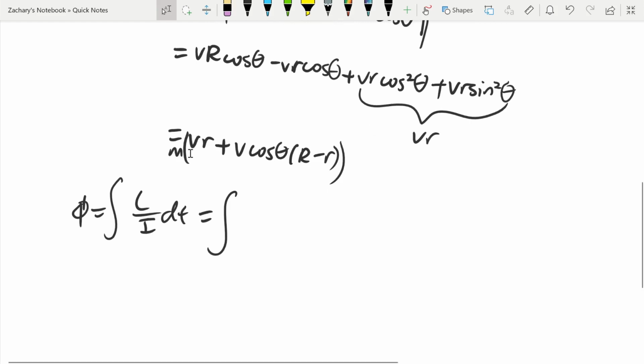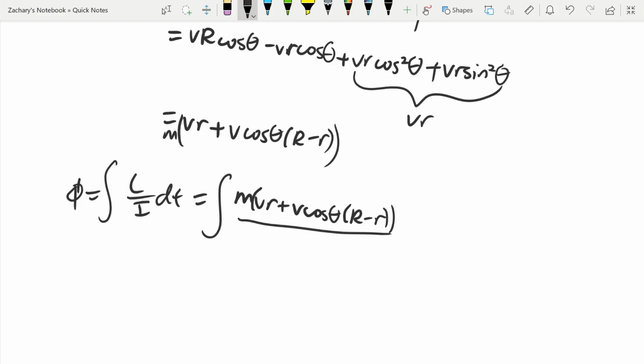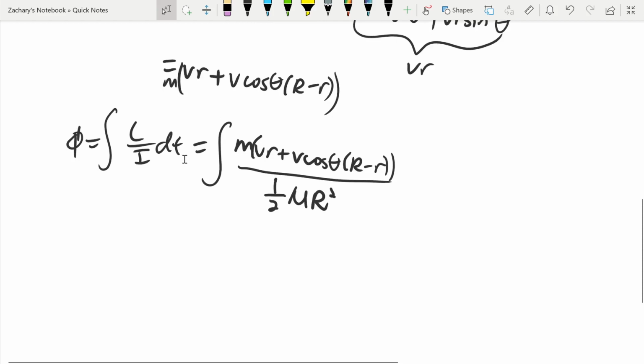So anyway, this is just equal to m v times (r plus cosine theta times (R minus r)) over the moment of inertia. This is the moment of inertia of the disk, and we know that is just equal to 1/2 big M big R squared, times dt. Now we want to integrate this expression, but the only problem is that here we have dt when we really want d theta.